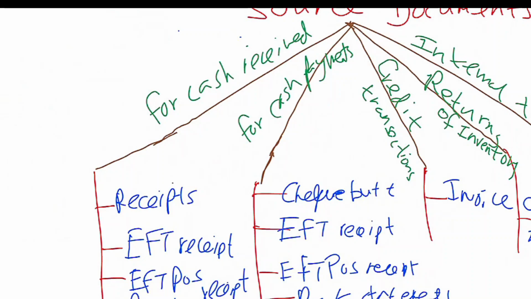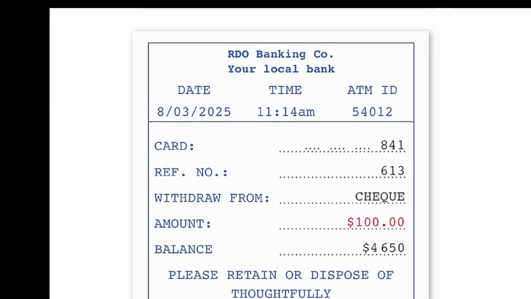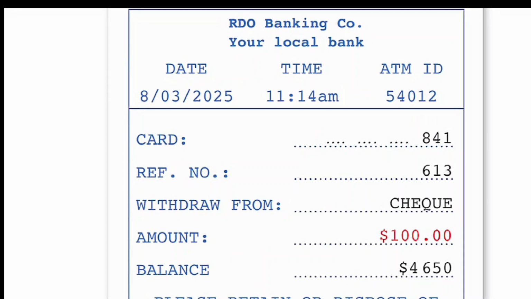Usually about $2,000 per day, right? You can withdraw money, you can deposit money. Also, you can deposit checks, right? And there will be some other transactions. Usually, a few transactions you can do with the ATM.